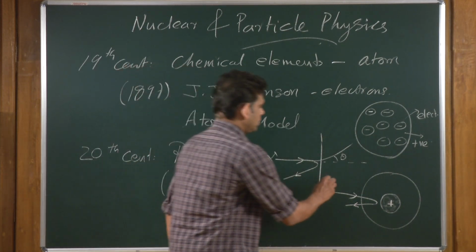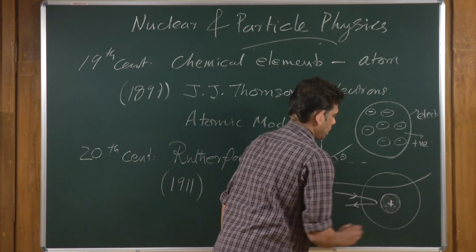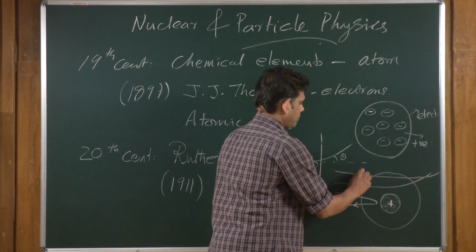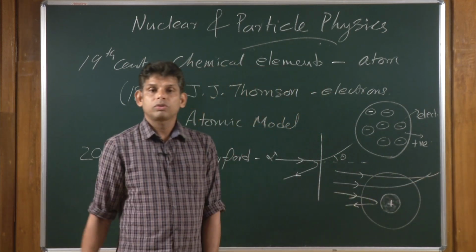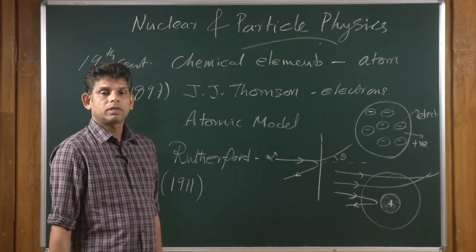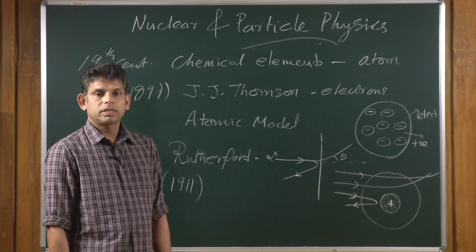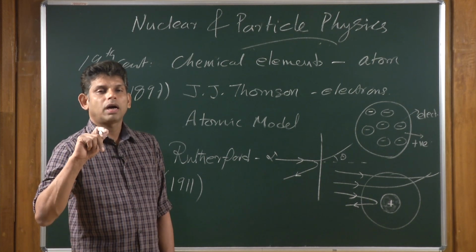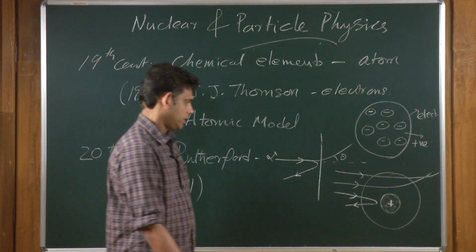Other things can actually go with some angle and then further smaller angle here, but when it is going to go directly towards the core, the positively charged core, then they will have a large angle and return.